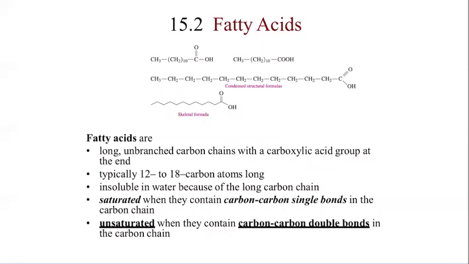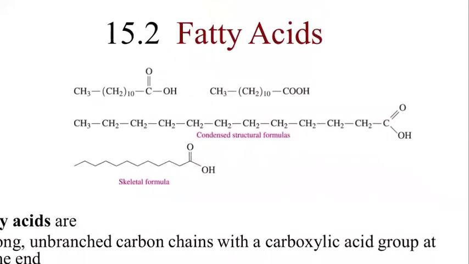Let's first look at the first class of lipids that we have inside our cells, which are known as fatty acids. The reason why they're called fatty acids is because when we look at their structures, the acid portion comes from having a carboxylic acid in their structure.